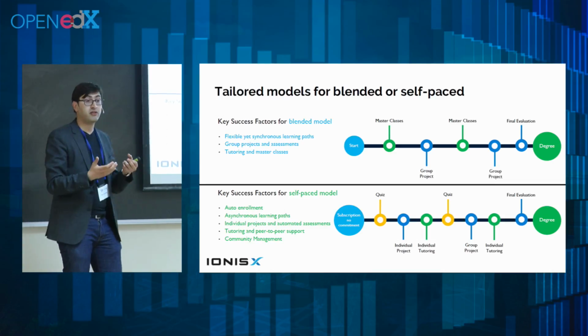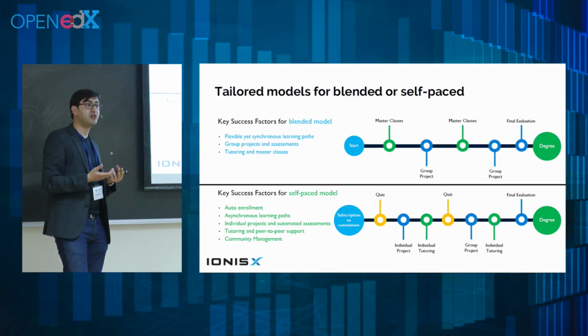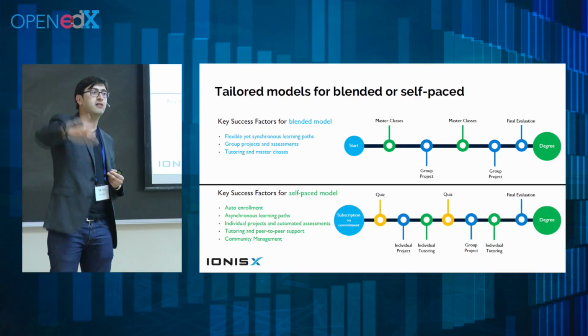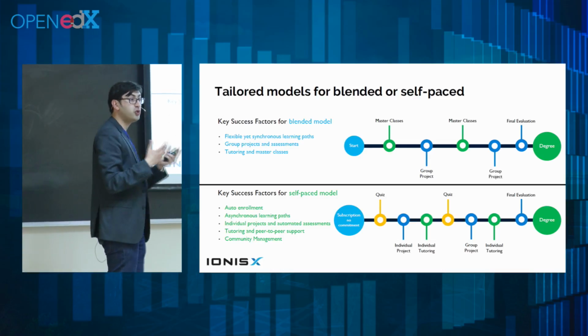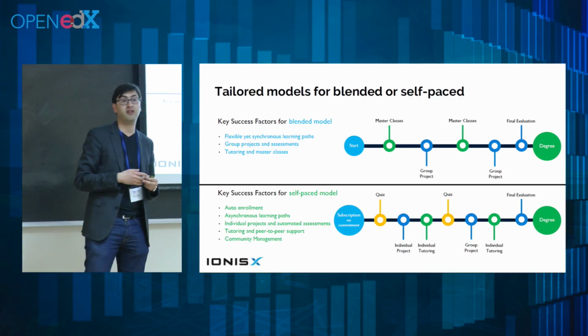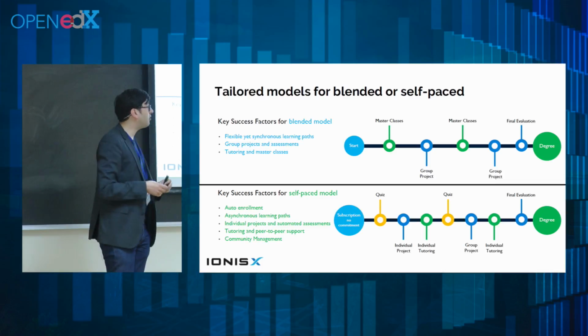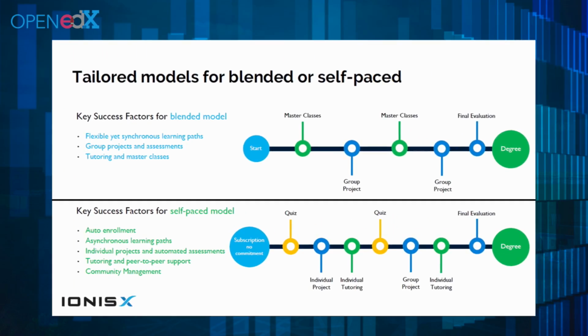I think that's a good model. It works, especially in blended format. But it doesn't suit everyone's schedule, and not everyone wants to wait until, let's say, September or January in order to start the course. Not everyone is sure about the kind of course or the kind of path that they may want to follow. And so we found that the self-paced model is really suited for other kinds of learners.